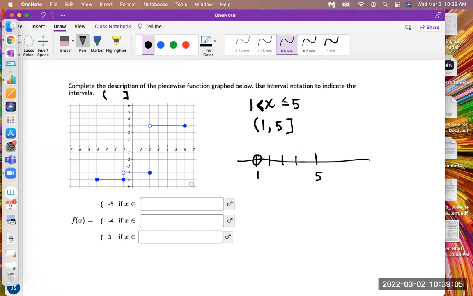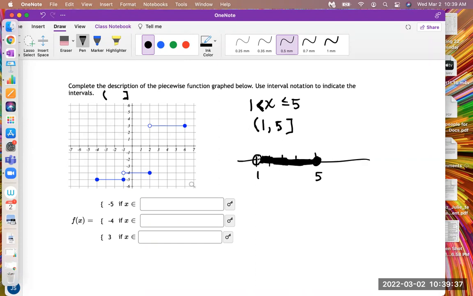And then for the 5, I would shade in the dot, and then we would shade in all the values in between, because all the values in between are between 1 and 5. We did not want to include 1 because it's strictly just numbers greater than 1, so it includes something like 1.02, a number slightly larger than 1.